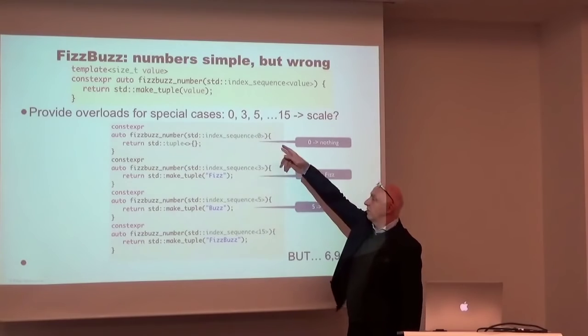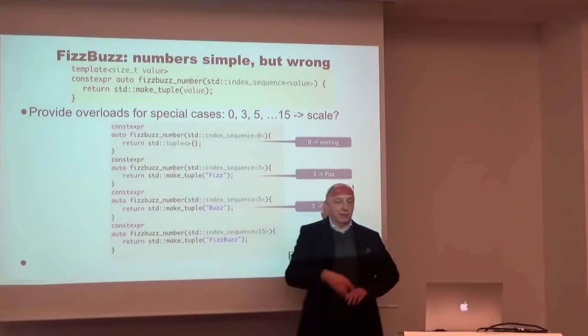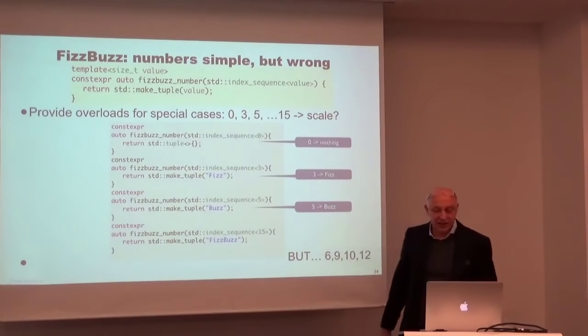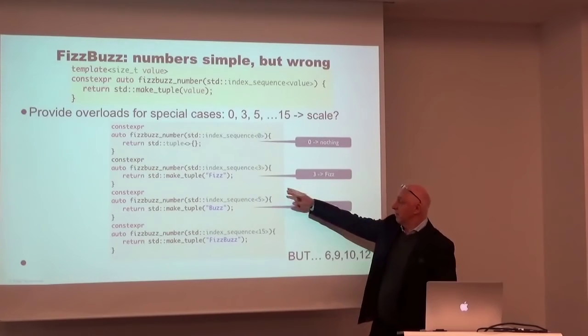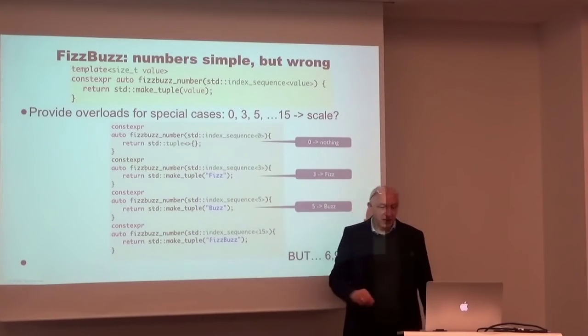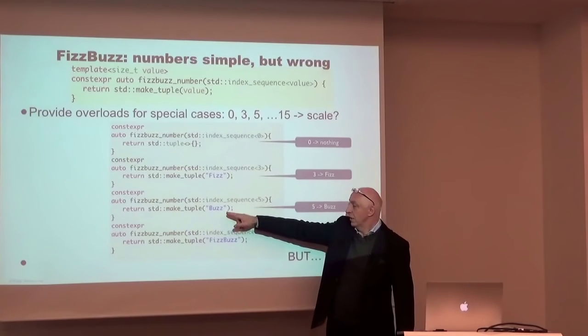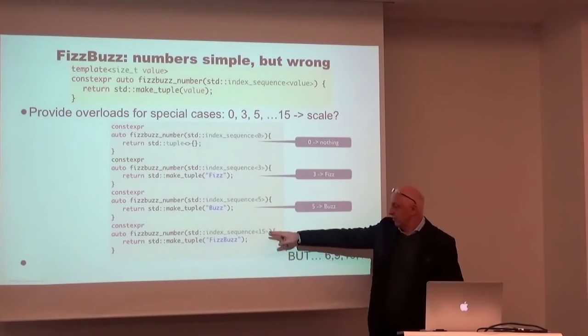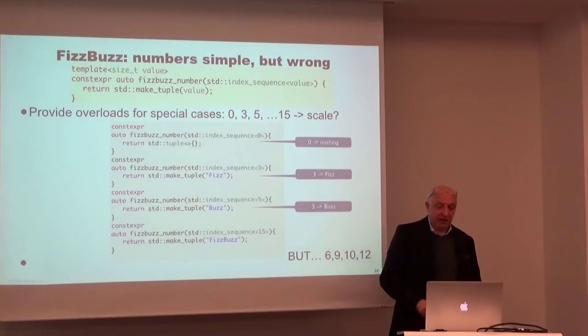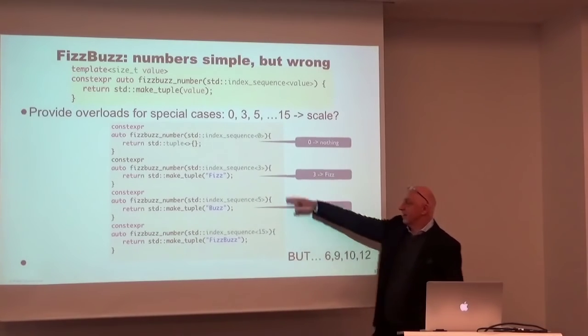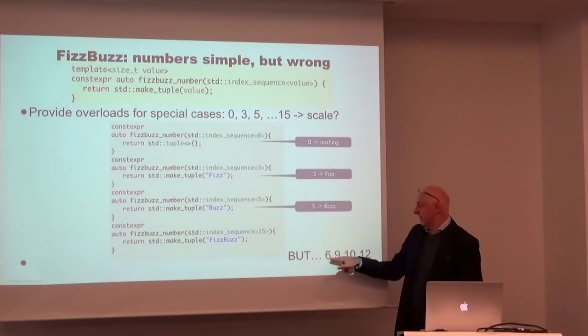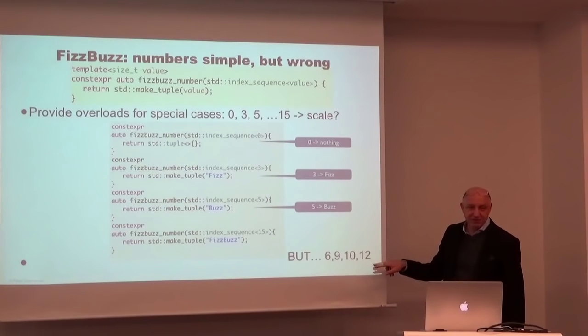So we can say, okay, for 0, we make the empty tuple because 0 doesn't output anything. If we have 3, it will output fizz as a tuple. If 5, it will be buzz, and if it's 15, it will be fizz buzz. The problem is this doesn't scale because we forgot 6, 9, 10, and 12.